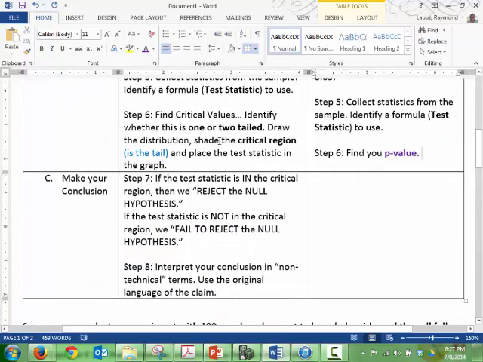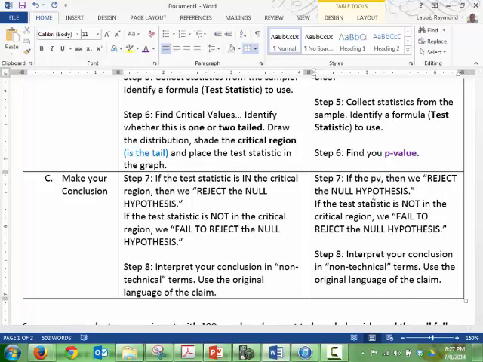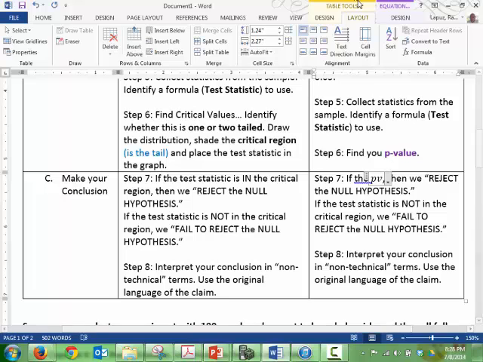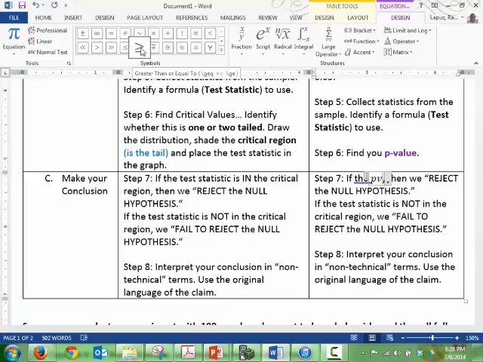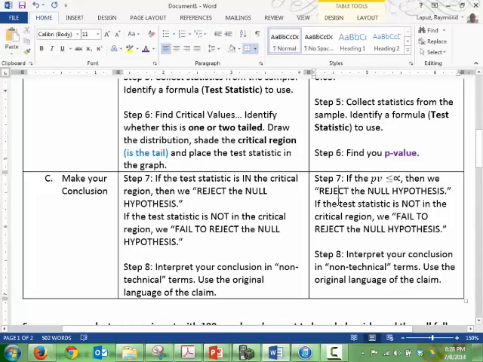And your decision criteria will be a comparison with your p-value. So if PV, let's call a p-value PV, is less than or equal to alpha, then we reject the null hypothesis.